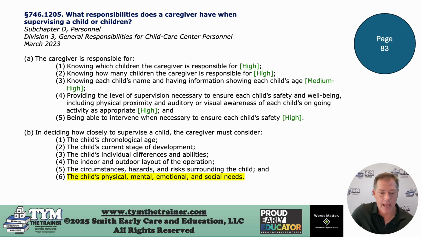And how can you meet the needs of that individual child? Great. And that is the general responsibilities of caregivers and employees. Again, I've got an entire training on my website that just focuses on that particular chapter. If you want more meat and bread, you can go back and watch that one.